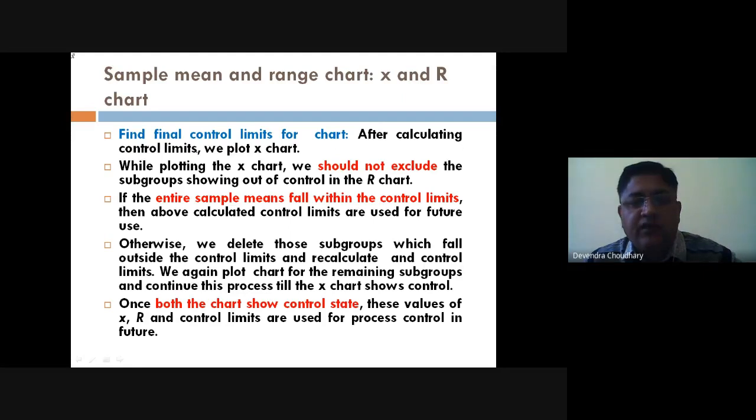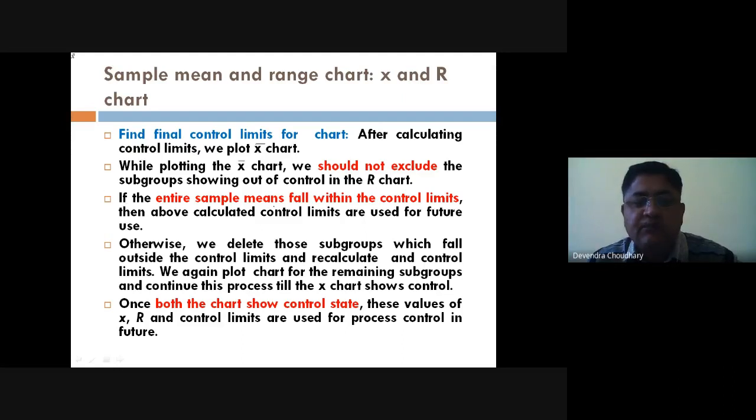After calculating control limits, we plot X bar chart. While plotting the X bar chart, please note down, we should not exclude the subgroups showing out of control in the R chart.